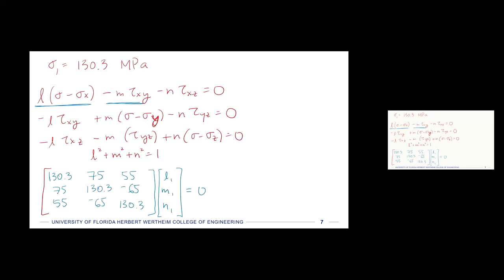So the matrix is symmetric, just because of the way the system of equations worked out. And if we solve that without the unit vector constraint, like we don't care what L squared, M squared, N squared adds up to, then we'll come up with some vector.